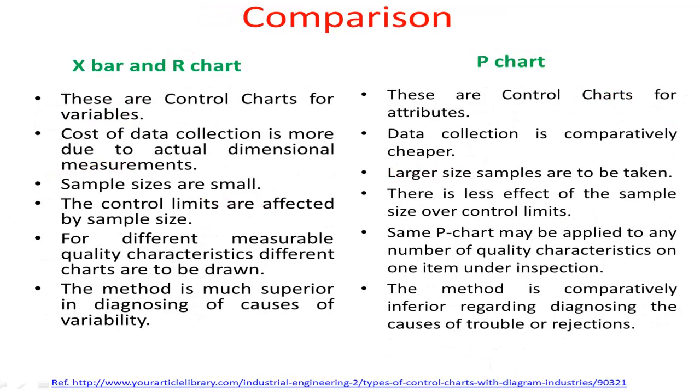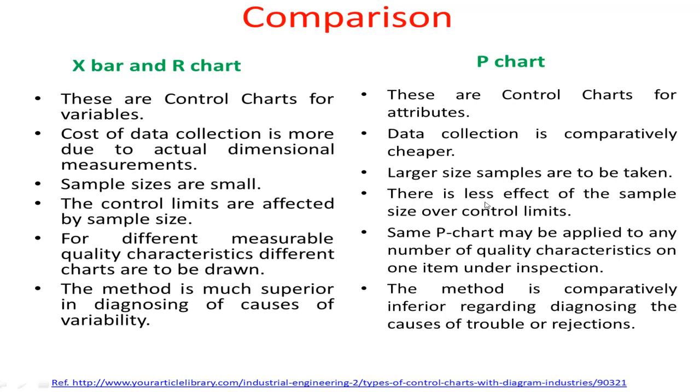Next, comparison of the X bar chart and P chart. The X bar chart, we know, is a variable type of chart. The P chart is an attribute type of chart. The cost of data collection is more in the X bar R chart due to actual dimension measurement, and data collection is comparatively cheaper in the P chart. Sample size is very small, just like 5 samples in the X bar and R chart.